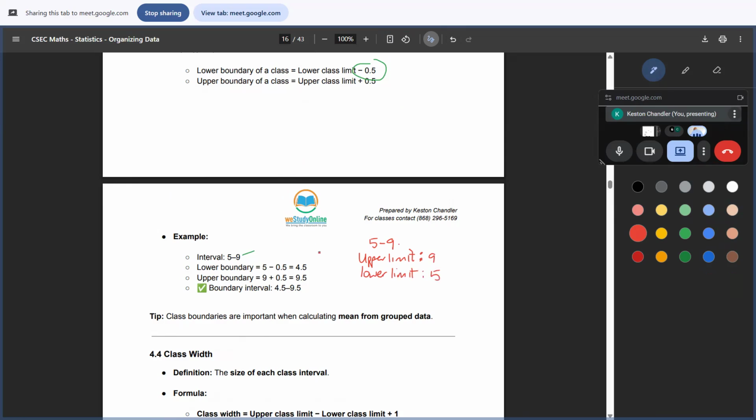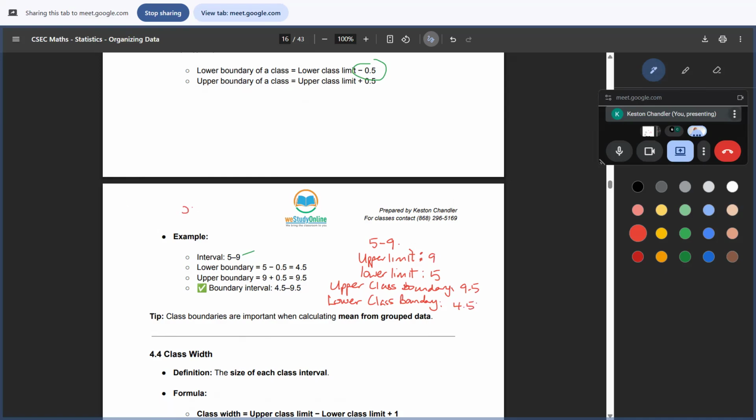When we're talking about boundaries, our upper boundary, and we refer to it as the upper class boundary because it's a class interval, will be 0.5 more than that limit, so 9.5. And our lower class boundary will be 4.5, 0.5 less.